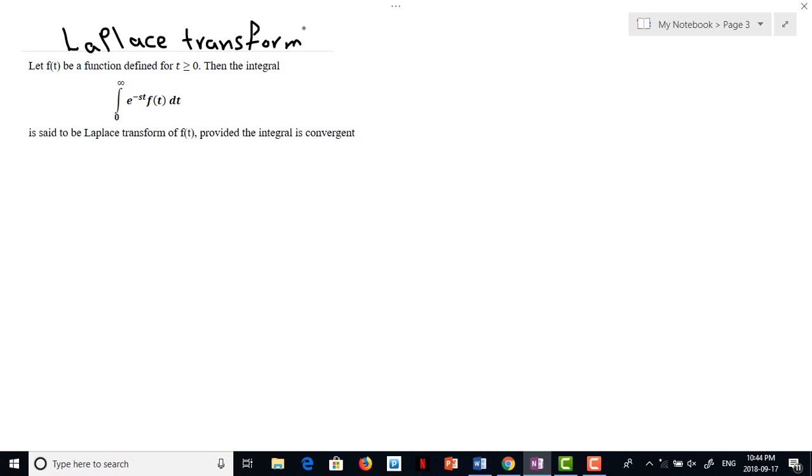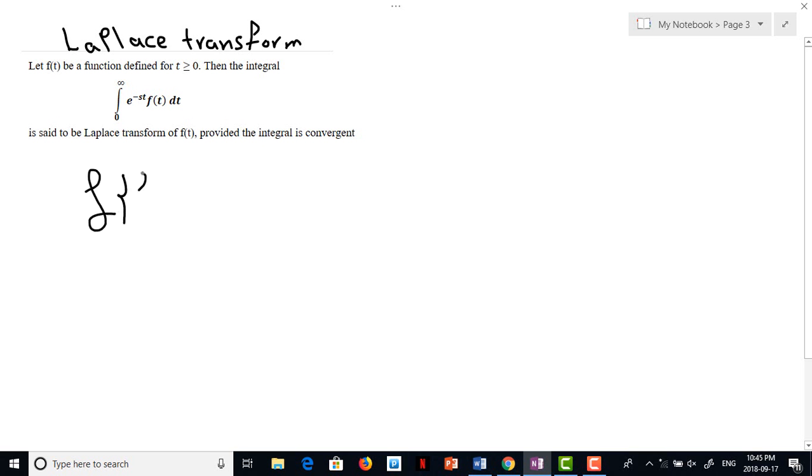As a result, here you can see that we have one improper integral, and the integral should be convergent if you want to have a Laplace transform. So if I want to write the Laplace transform of a function, first of all, as I already said, the Laplace transform is shown by this symbol.